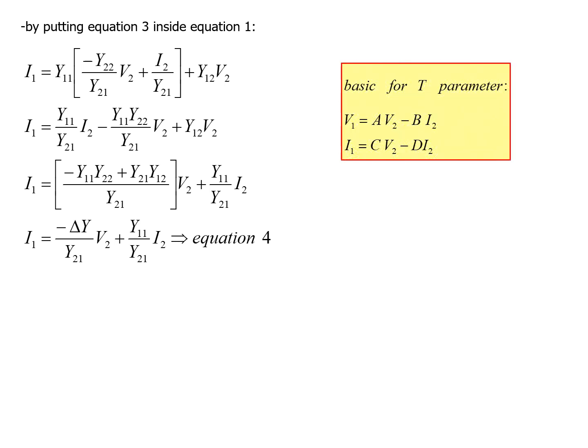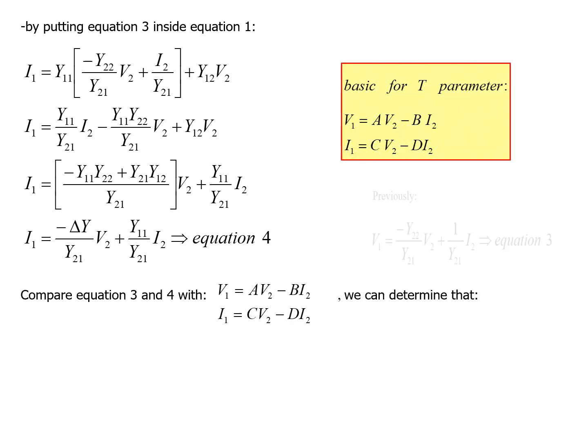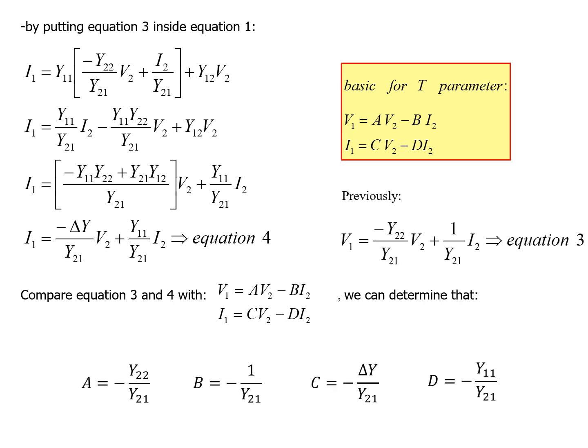Comparing this with the T parameters, we get A equals Y22 over Y21, B equals negative 1 over Y21, C equals negative determinant Y over Y21, and D equals Y11 over Y21.